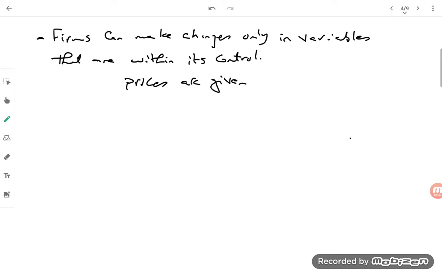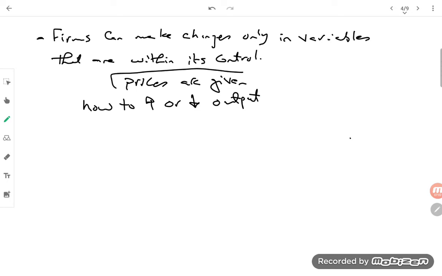So we have to think about whether and how to increase or decrease output. Prices are given, so what are the other factors under the control of the firm in order to be able to increase or decrease output?